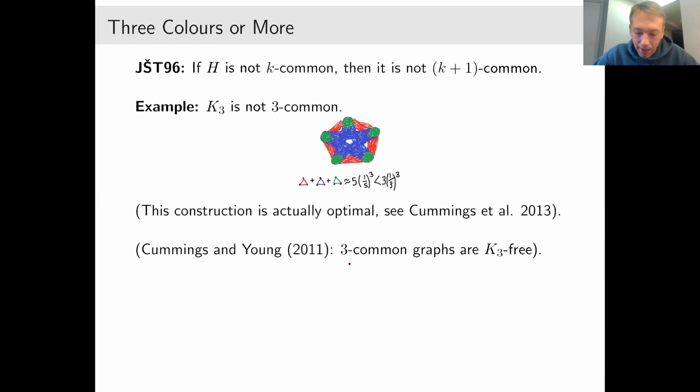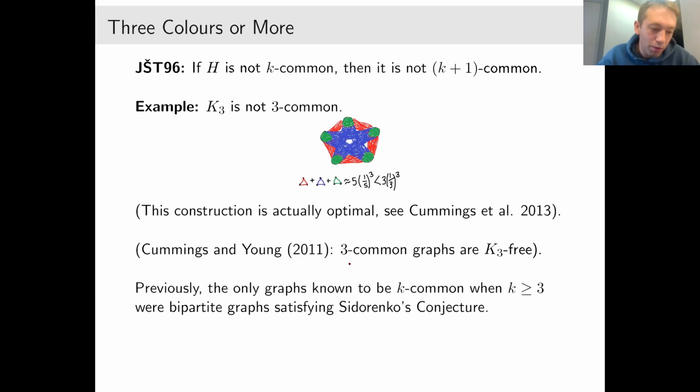Up until this point, the only graphs known to be k-common for any k at least 3 were bipartite graphs that satisfy Sidorenko's conjecture, which I told you why they were k-common a bit earlier. So these were the only known examples.